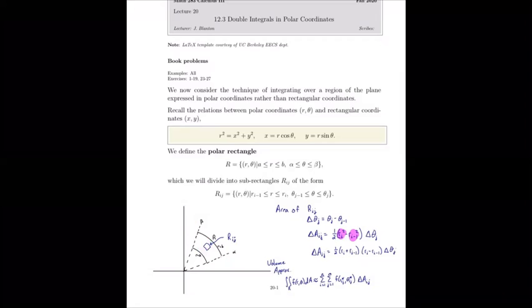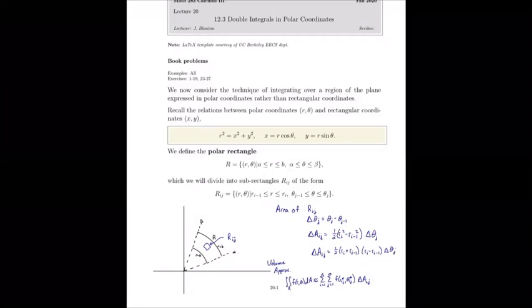That gives us exactly the area inside this segment of a sector. Remember that the area of a circular sector is 1/2 r squared theta, and that's where each of these multiples are coming from.